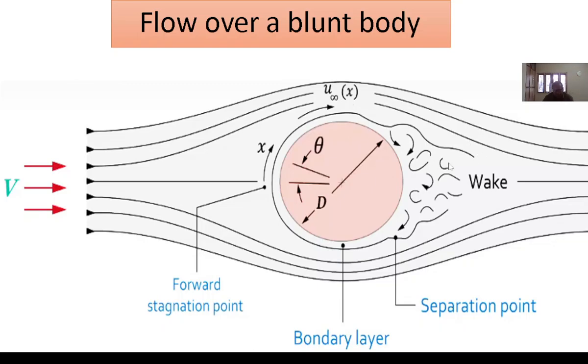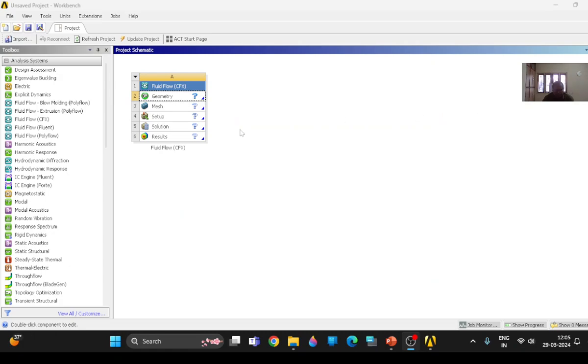Because the pressure increases, we will see a wake forming here. So it is an adverse pressure gradient, and because of that, we are seeing some wake. So how to simulate this kind of flow in ANSYS CFX? We'll see how to do this in CFX.